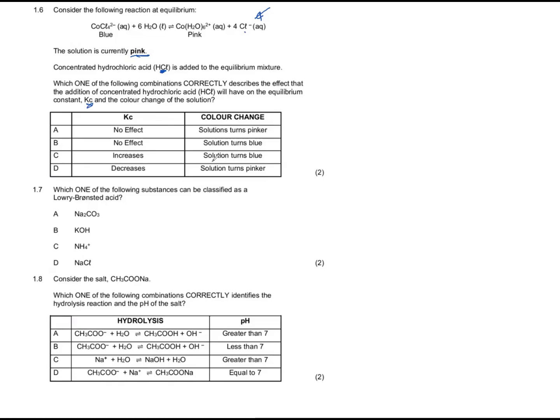So will this have an effect on the Kc? Remember, when it comes to chemical equilibrium, Kc can only be affected by a change in temperature. So if you increase or decrease the temperature, that's the only way you can change the Kc value.